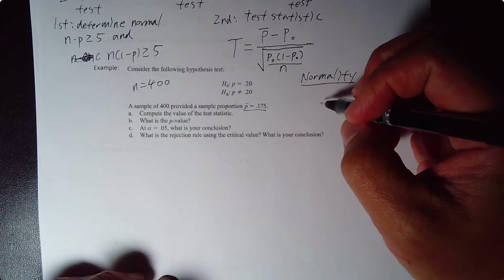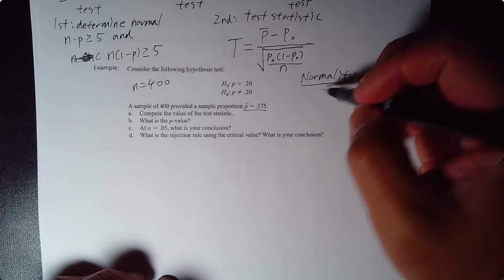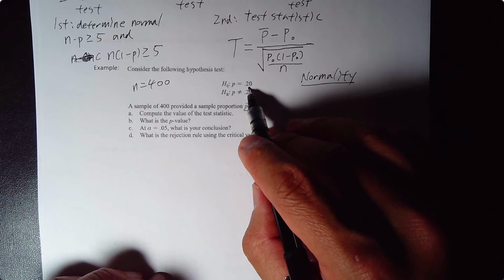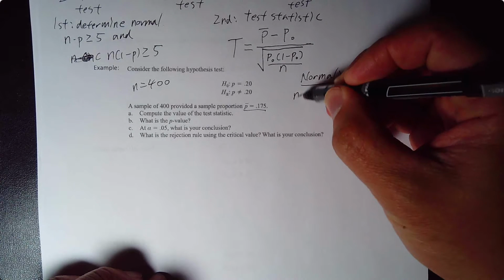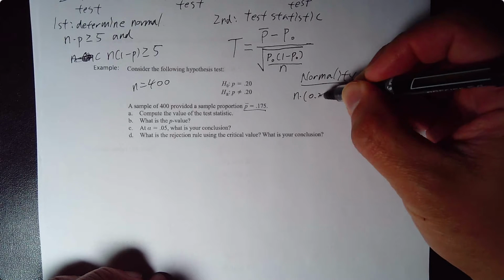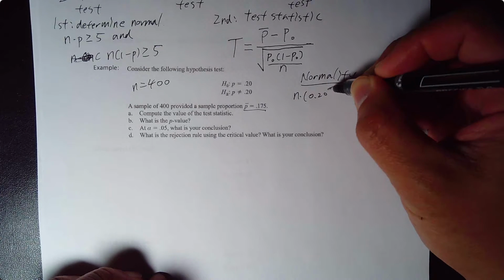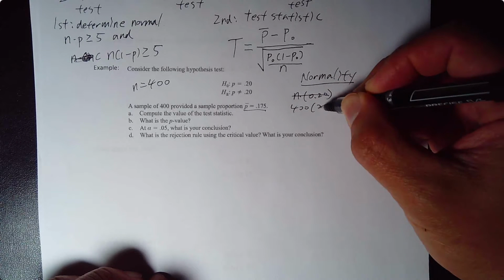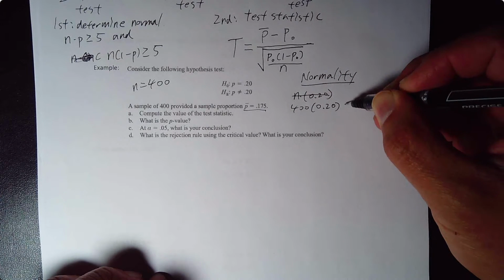Now, when I test my normality, I need to test it against the null hypothesis. So my n times 0.20: 400 times 0.20, and is that greater than or equal to 5? Well, of course it is.